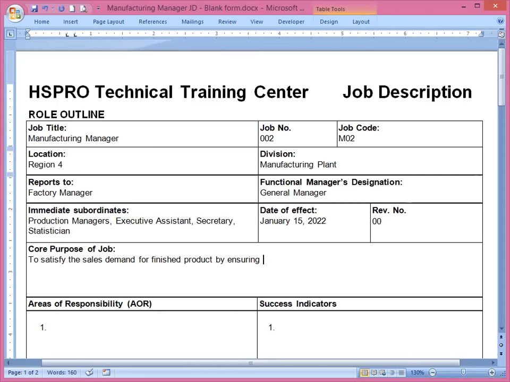Okay, by ensuring that all products are manufactured. We're talking about manufacturing, so we say manufactured. Okay, to the requisite.